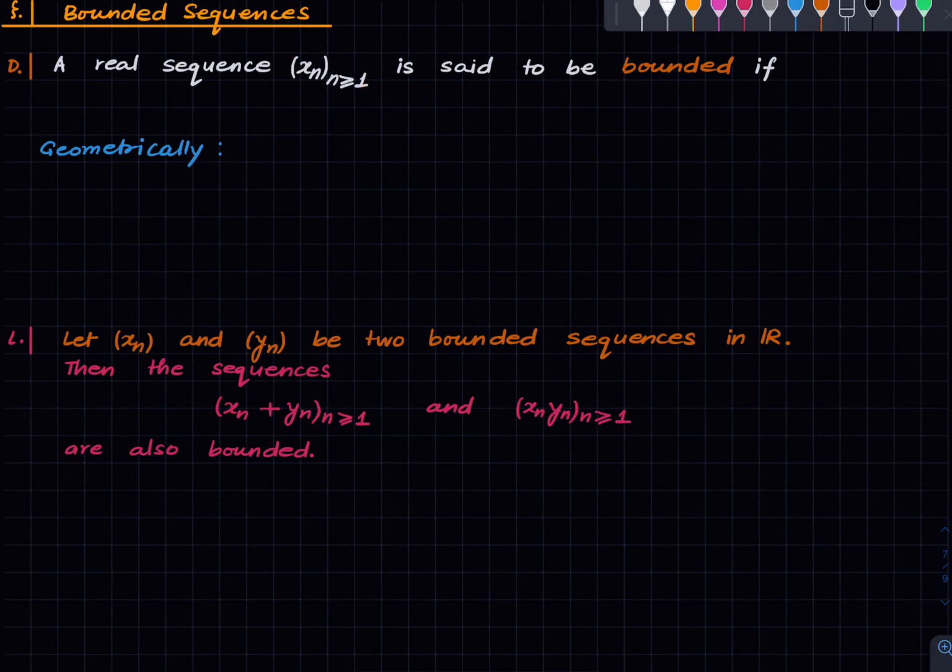Then we say it is bounded if this set is bounded. Right? So it's a very, very simple definition. This is not the sequence itself. This is the set of all the elements that feature in the sequence.